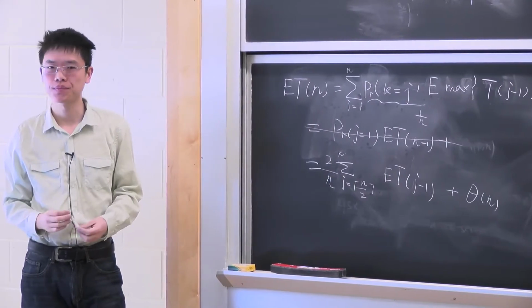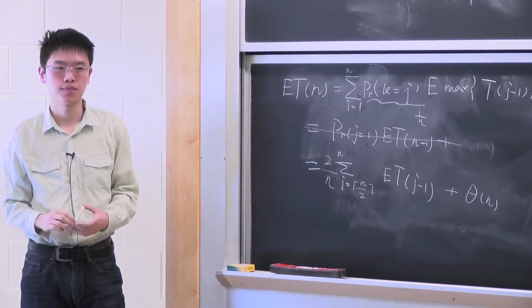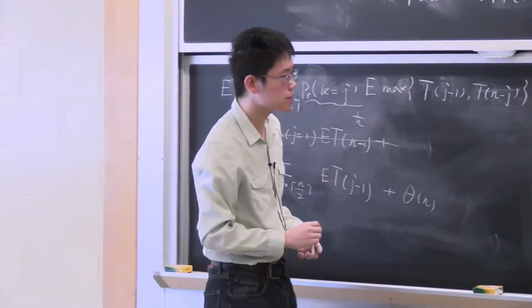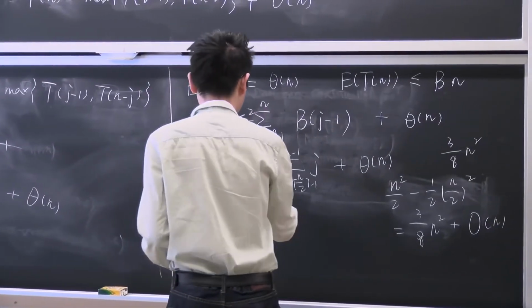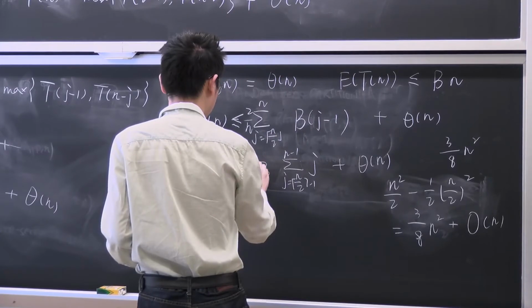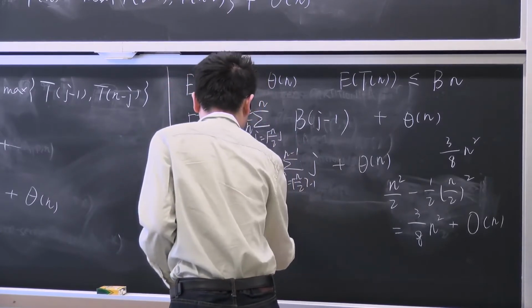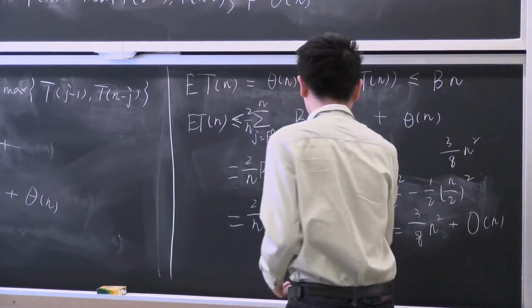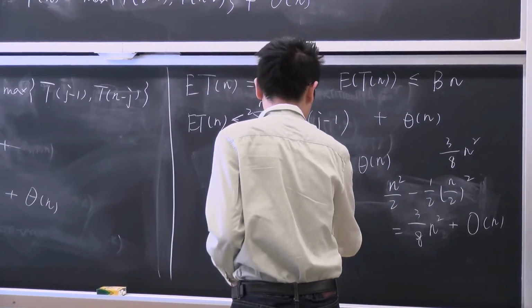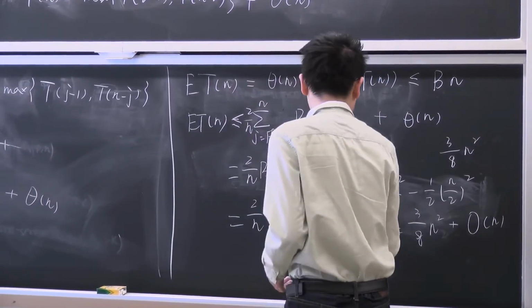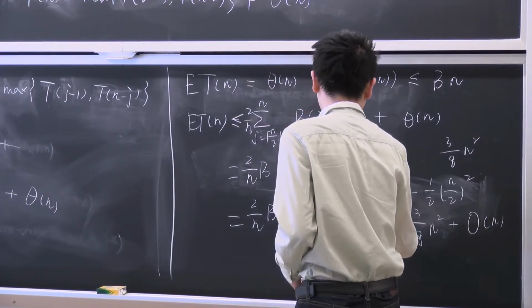Correct? So I should have a 2 over n here, a 2 over n here. And if we plug this in, it's 3 over 8 n squared plus a theta n.